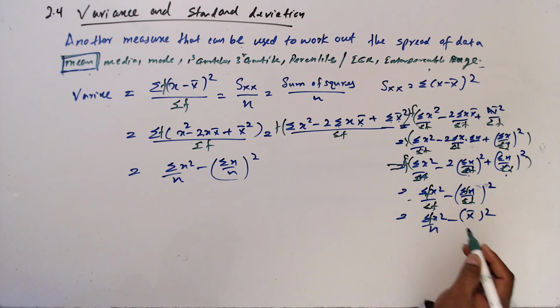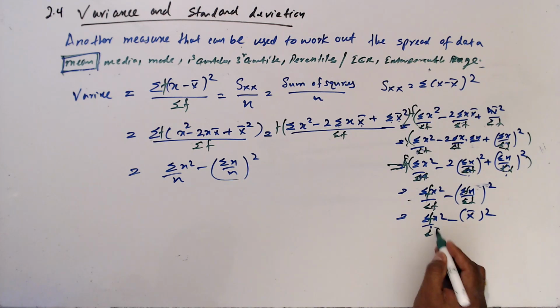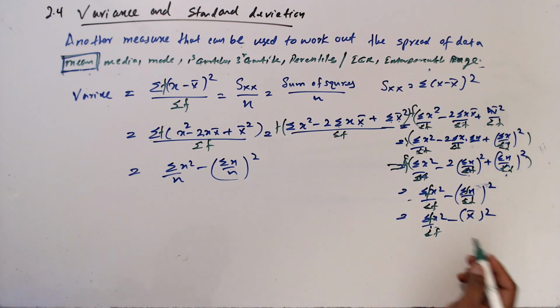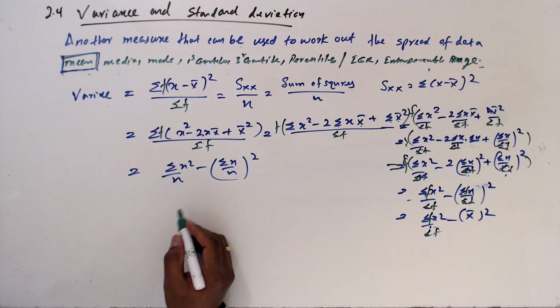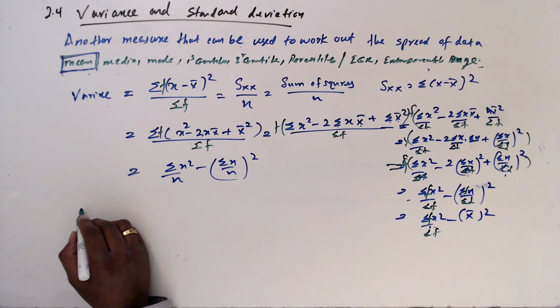So this is fx square over summation f, and this is basically still the x bar.